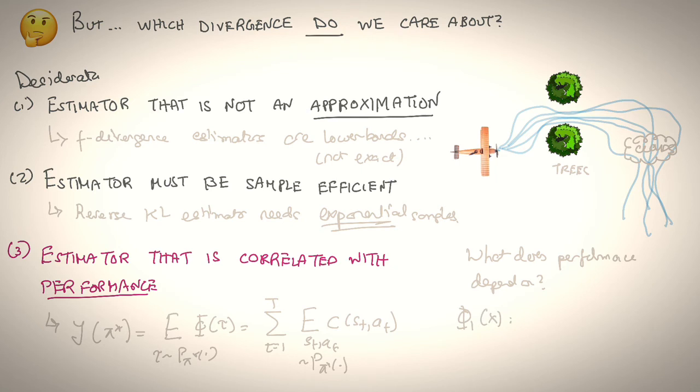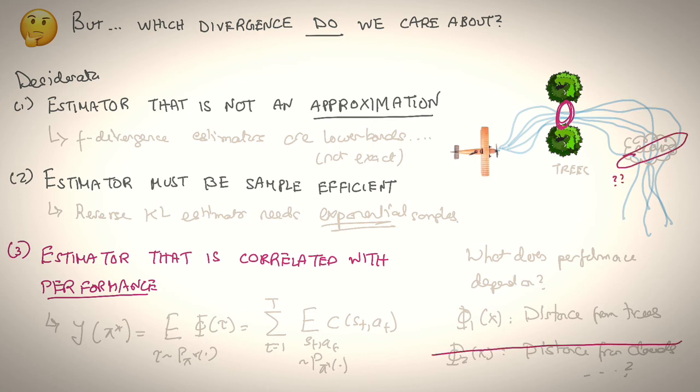And so this is intuition we have that one moment function that we really might care about is to match the distance from trees, right? But if we come up with a second moment function, for example, match distance from clouds, we wouldn't really care about the second cost function. I can't imagine that having any impact on performance.